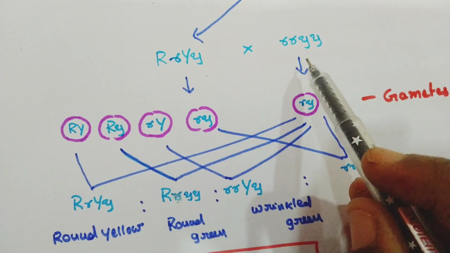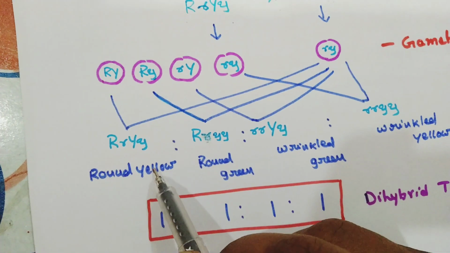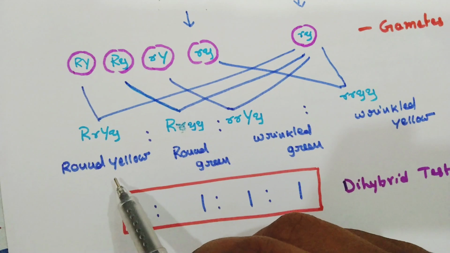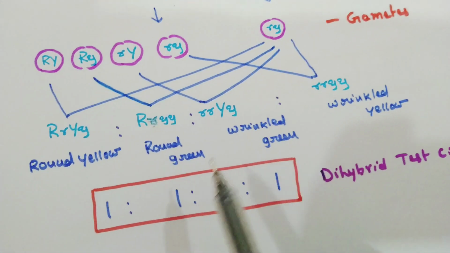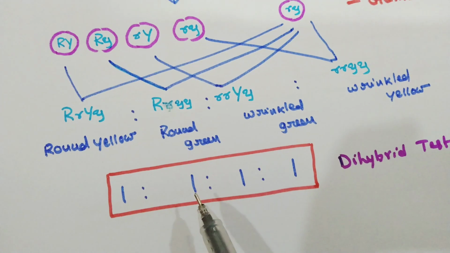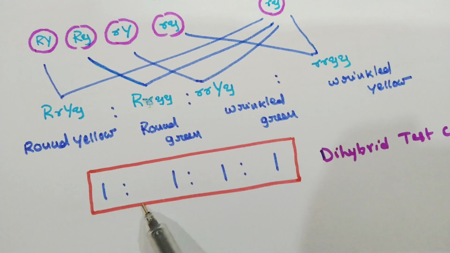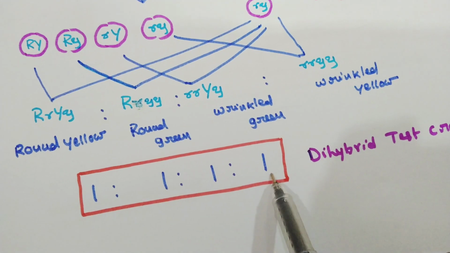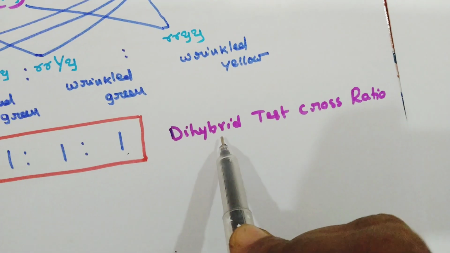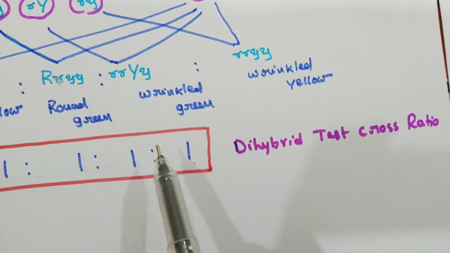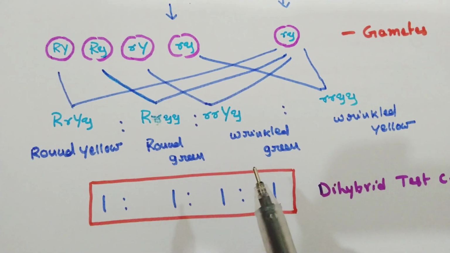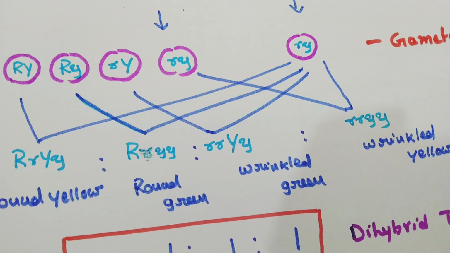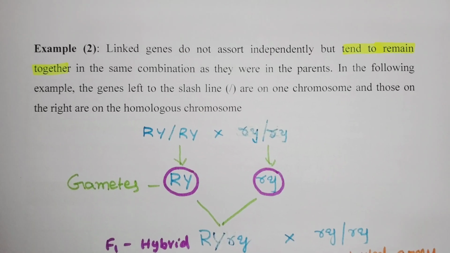According to Mendel, four phenotypes were obtained: round yellow, round green, wrinkled yellow, and wrinkled green, equally. That means a 1:1:1:1 ratio. This is the dihybrid test cross ratio. According to Mendel, we get this ratio. Contrary to this, let's see another example.